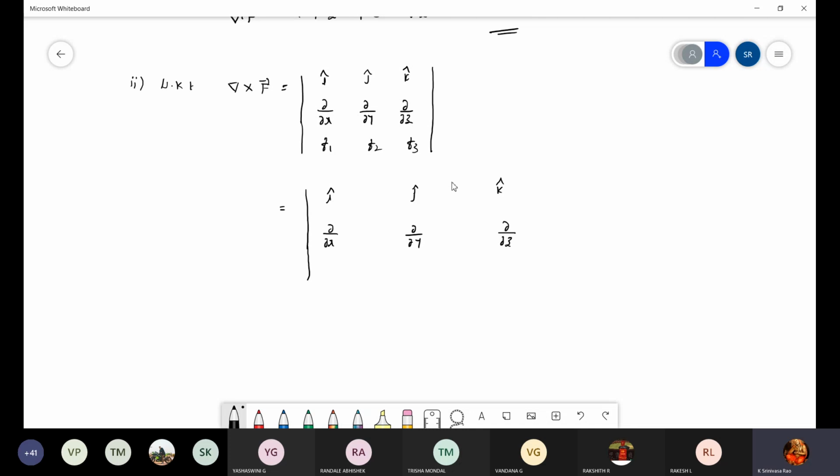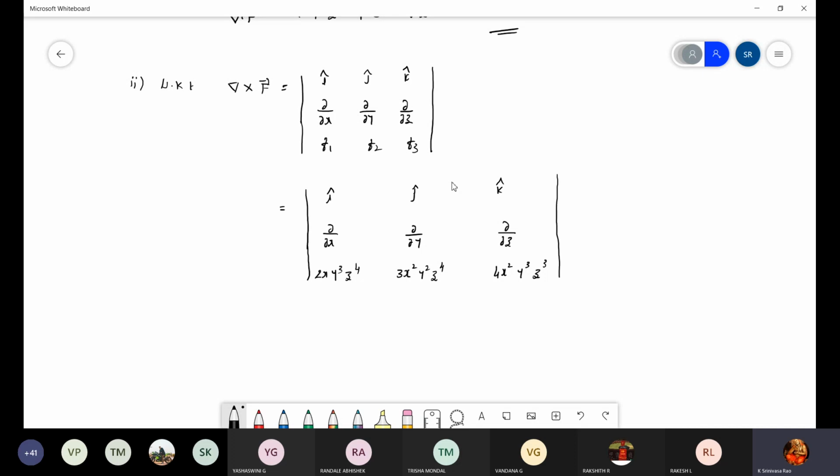And now what is the first component? 2x y cube z power 4. Second component 3x square y square z power 4, and third component 4x square y cube z cube. Correct?